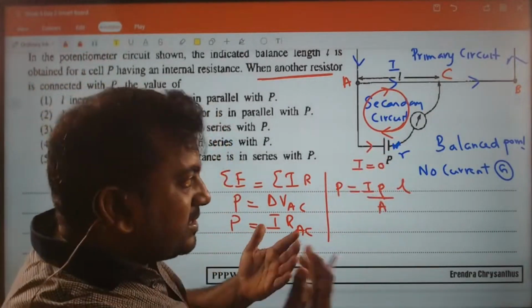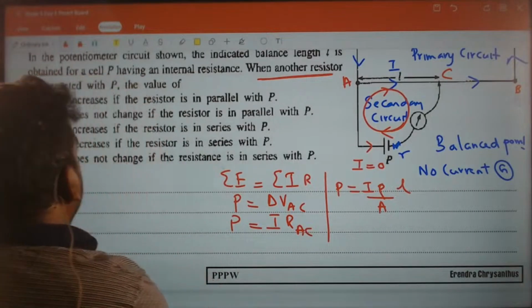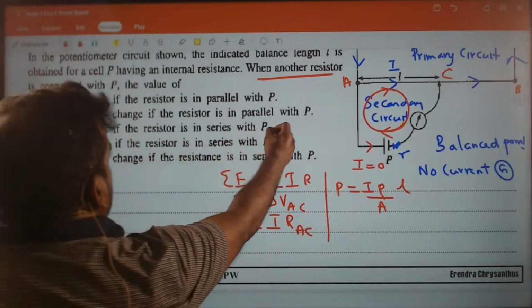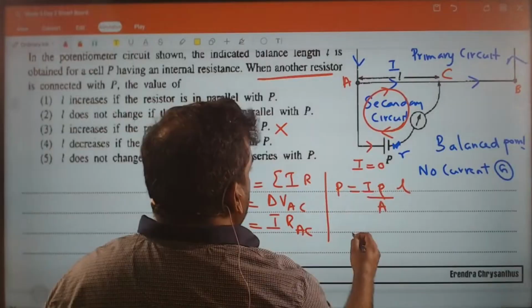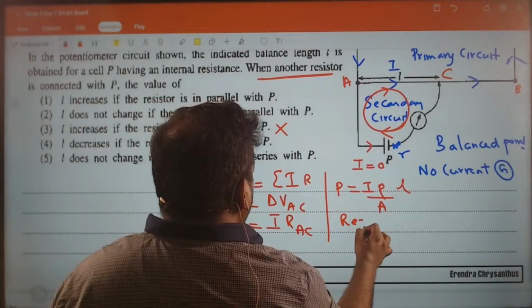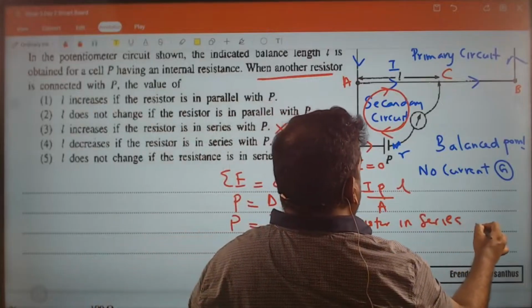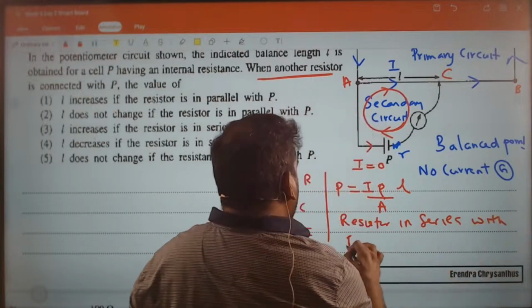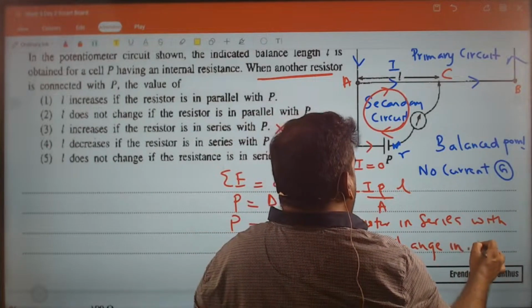Series connection means no effect. Clear? L does not change. So L increases is wrong. If I connect a resistor here in series with P, no change in L. Why?